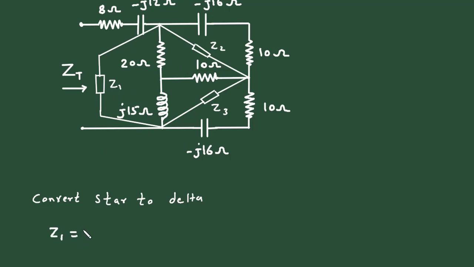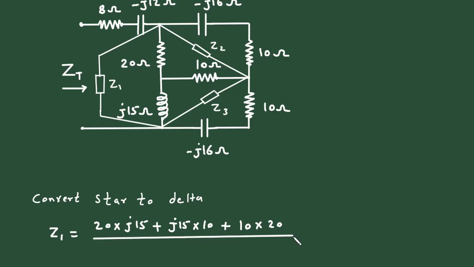So Z1 is equal to 20 into J15, plus J15 into 10, plus 10 into 20, divided by, we have to take the opposite of this, that is 10.